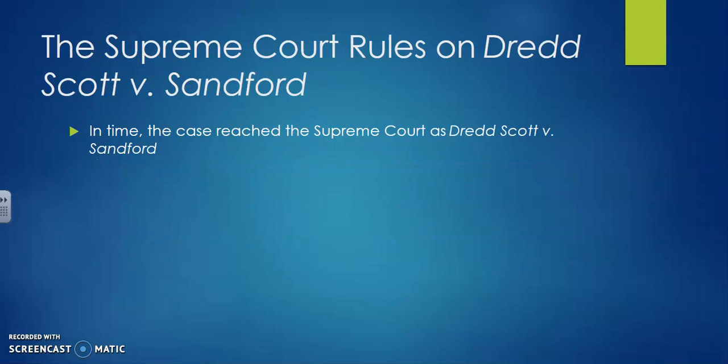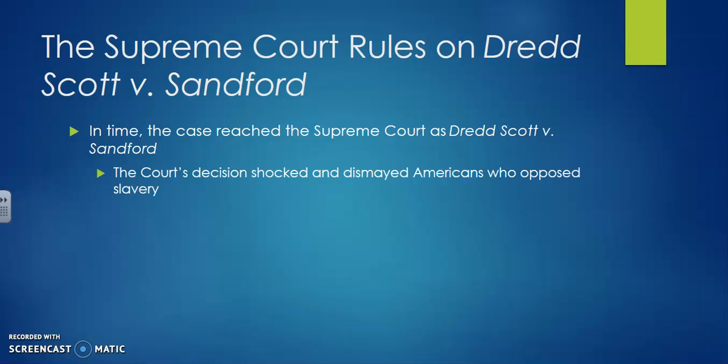So, how does the Supreme Court rule on this? In time, the case reached the Supreme Court as Dred Scott v. Sanford. Sanford is the family that owned Dred Scott. The court's decision will shock and dismay Americans who oppose slavery. It seems like a lot of the anti-slavery people and abolitionists thought it was pretty slam dunk: he's been to all these free places, so he should be a free individual, not a slave any longer.